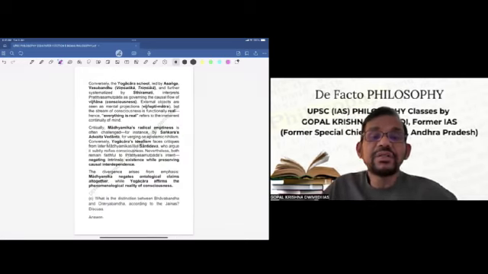Conversely, the Yogacara school, led by Asanga and Vasubandhu, these are books, Vimsatika and Trimsika, and further systematized by Sthiramati, interprets Pratityasamutpada as governing the causal flow of Vijnana, that is consciousness. External objects are seen as mental projections, that is Vijnaptimatra, but the stream of consciousness is functionally real. Hence, everything is real refers to the continuity of mind.